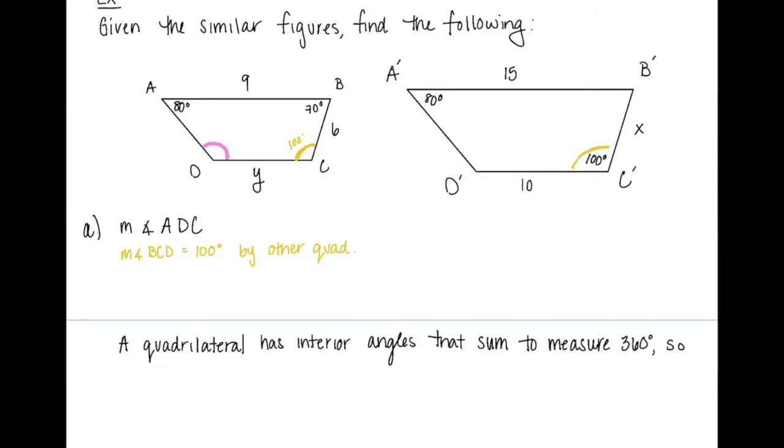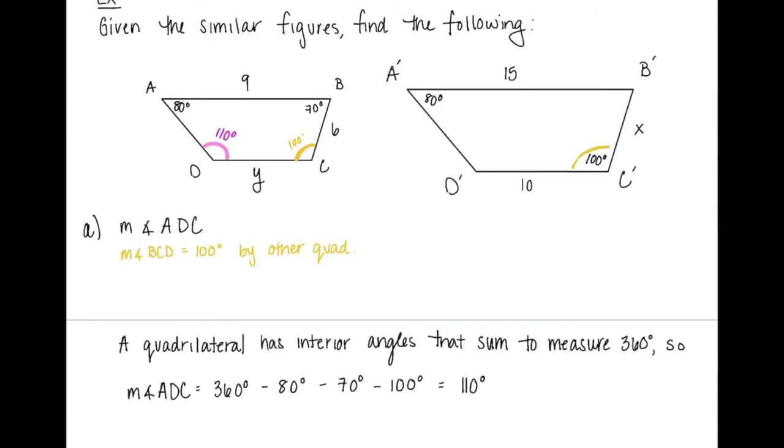So the measurement of this last unknown angle ADC is 360 degrees minus the 80, the 70, and the 100 that are in that figure. So in total, this angle has to be 110.